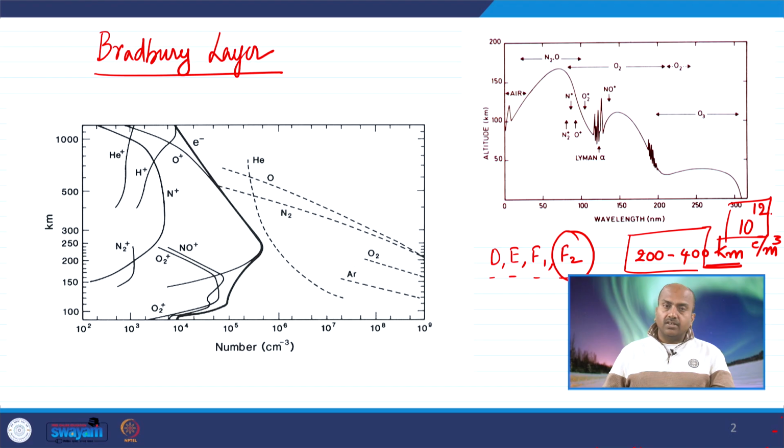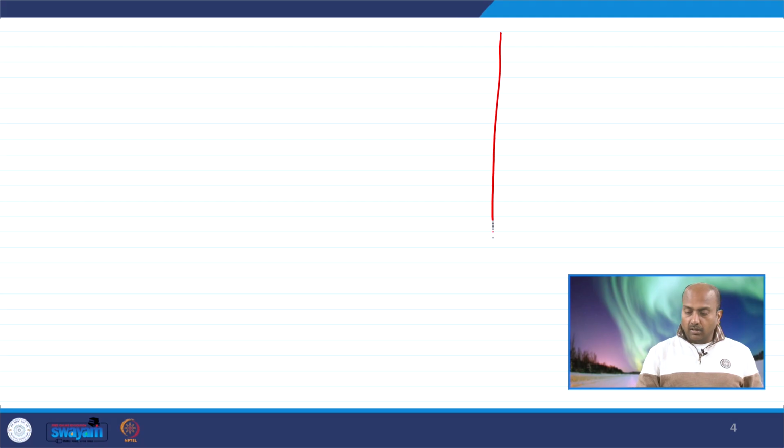It is quite easy to understand this increase because as you move up, the number of available photons increases with height, right?